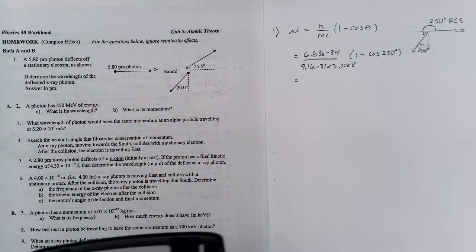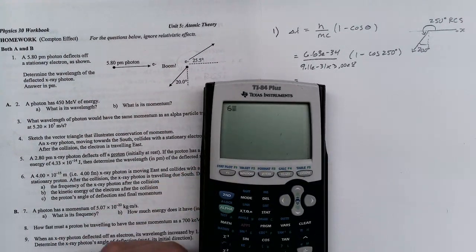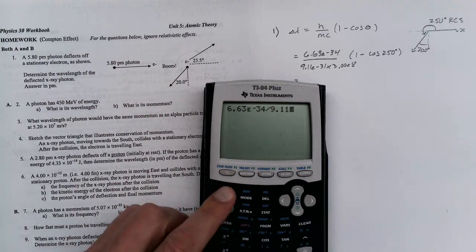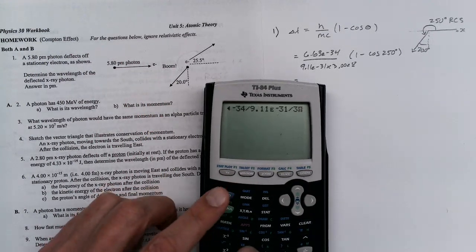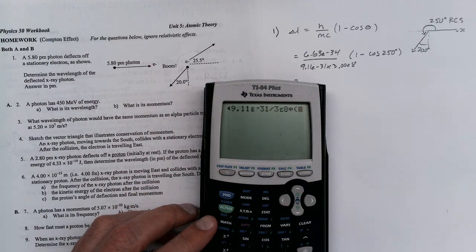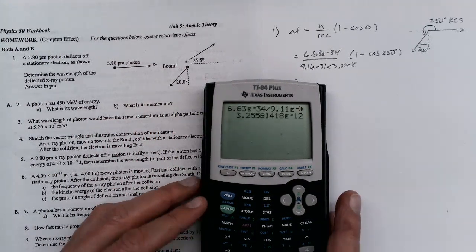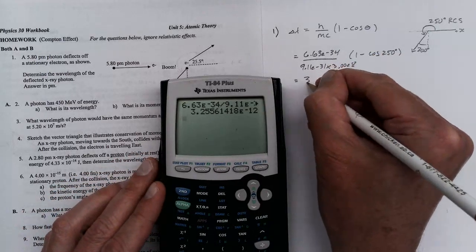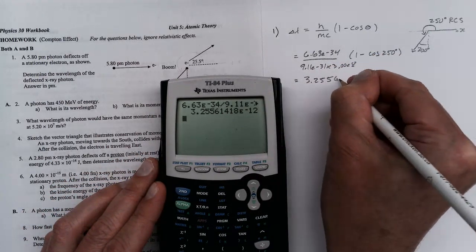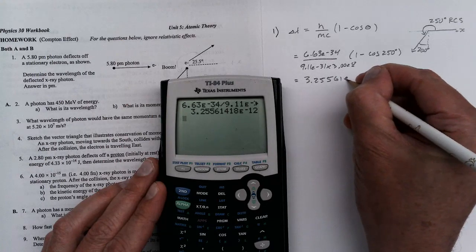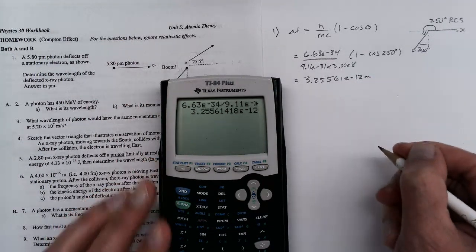Let's try this out. All right, 3.25561 e negative 12 meters.